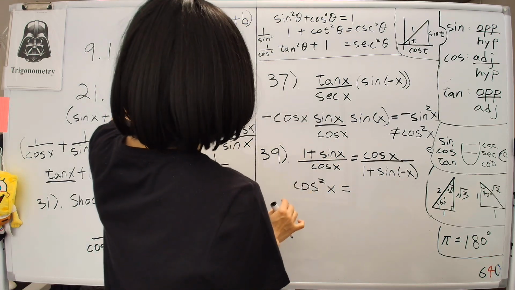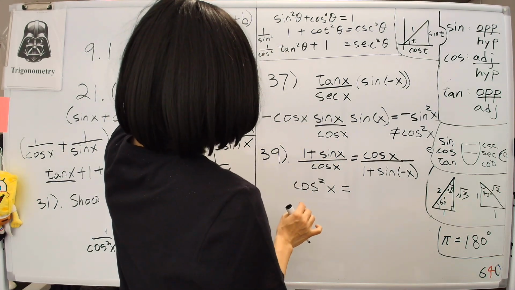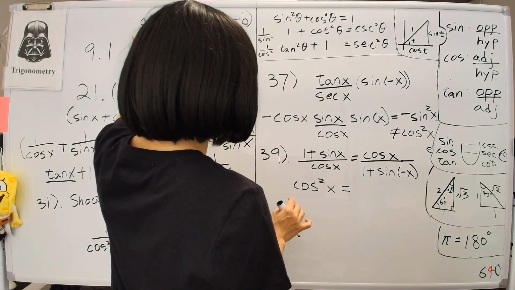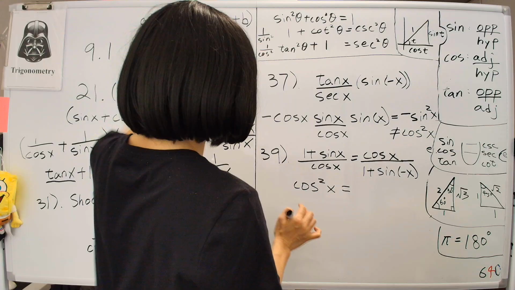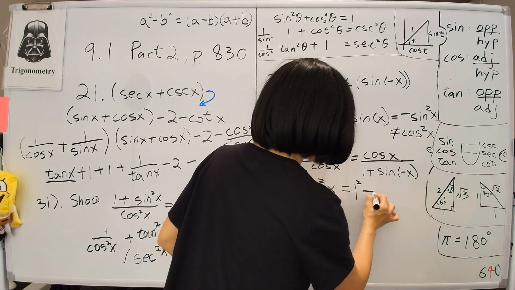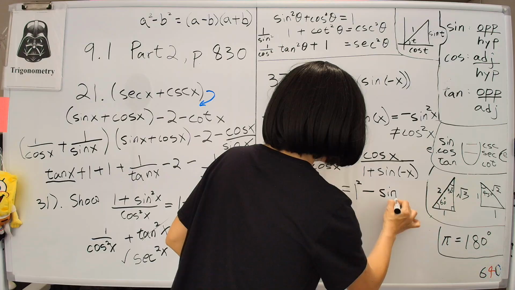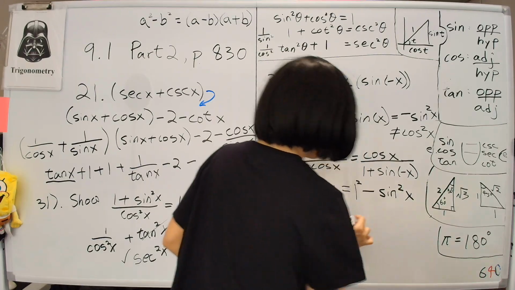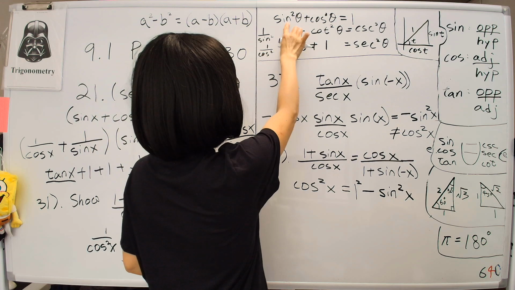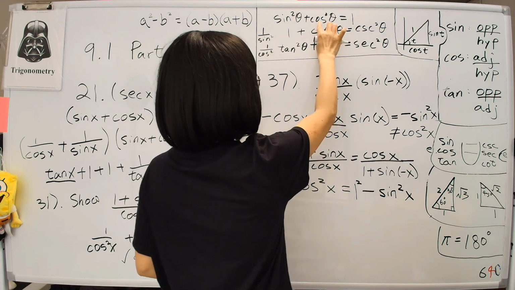So we'll use this formula to see when you have a minus and a plus, that's just equal to them being squared with a minus in the middle. So this becomes 1 squared, which is 1 minus sine squared x. And 1 squared is just 1. 1 minus sine squared x, see, 1 minus sine squared is cosine squared.